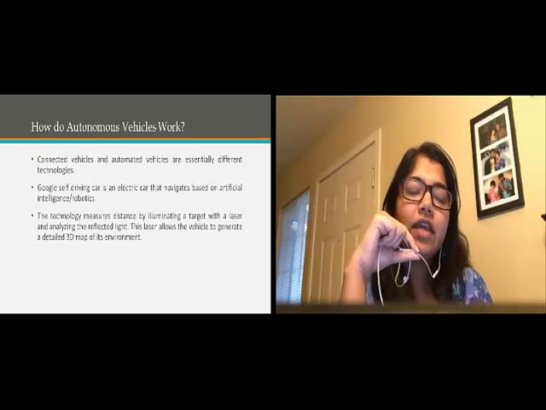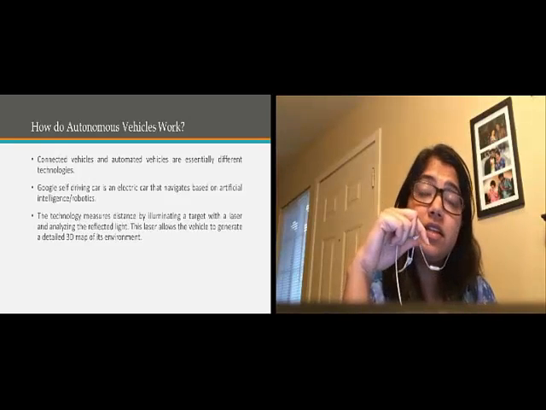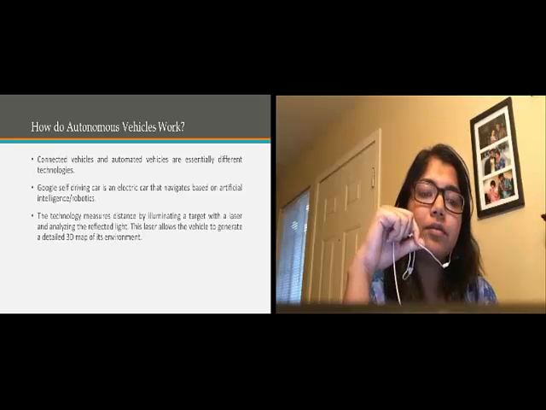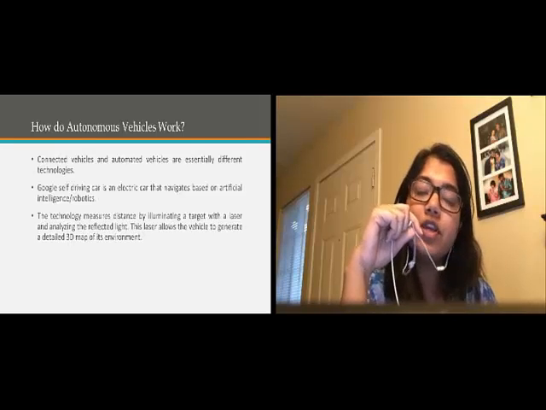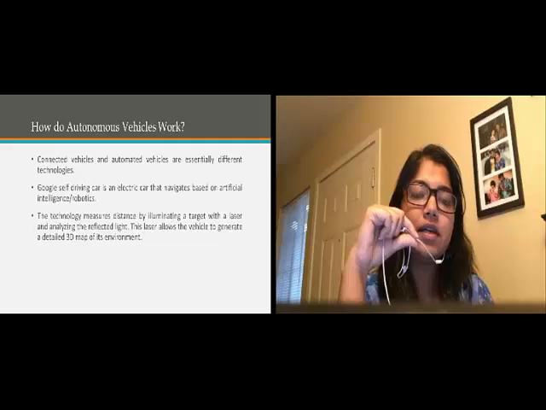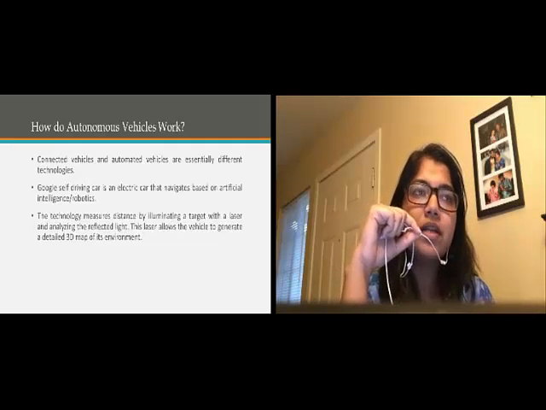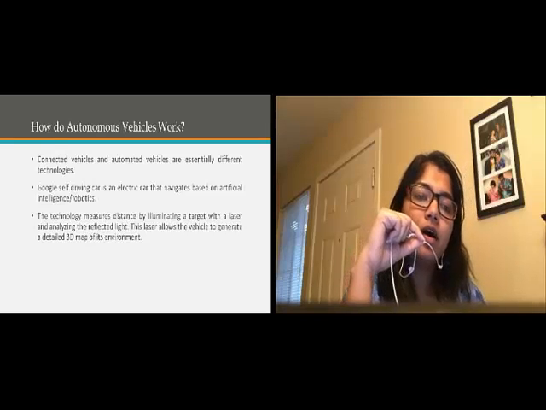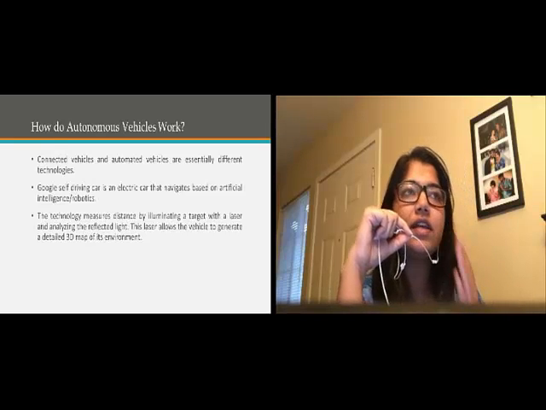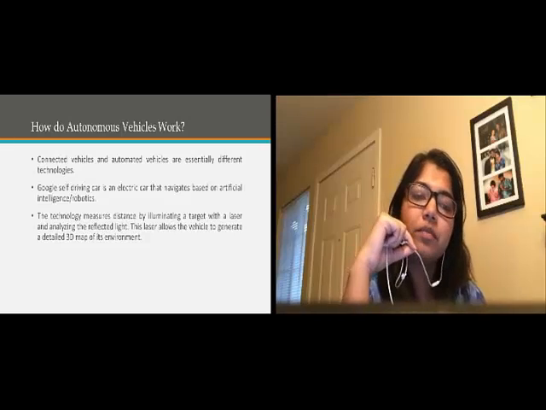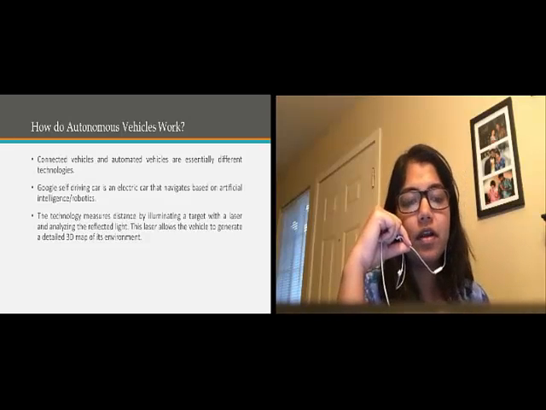So we can think that a self-driving car doesn't communicate with any other vehicles or with the infrastructure. It doesn't have this technology. But a connected vehicle can be a self-driving car sometime in the future, though a self-driving car is different from a connected vehicle.